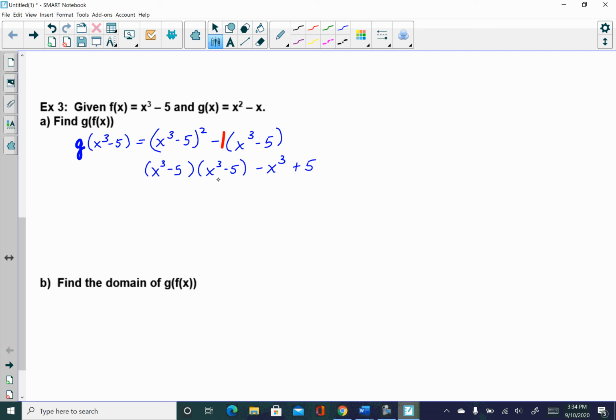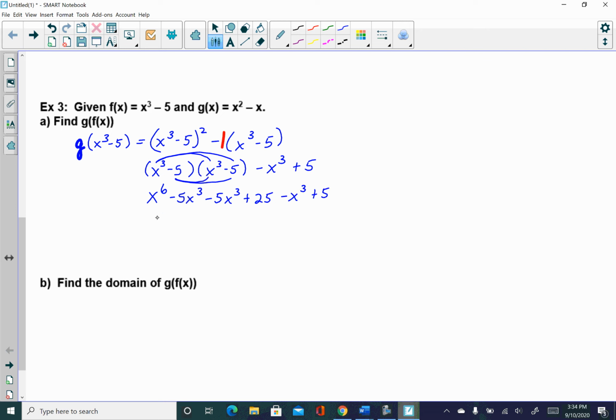This first set of parentheses, you're FOILing it. So x cubed times x cubed, when you multiply, you add your exponents, so x to the 6th. First, outside, x cubed times -5, minus 5x cubed. Inside, -5 times x cubed, minus 5x cubed. And then last, -5 times -5, +25.